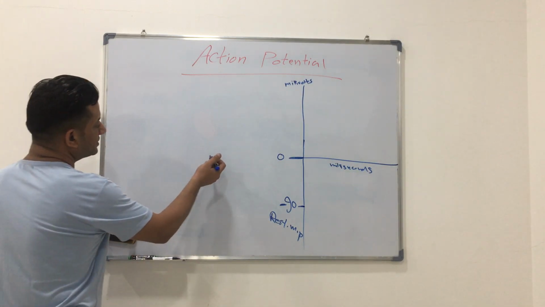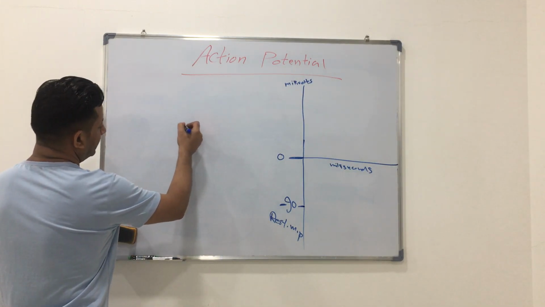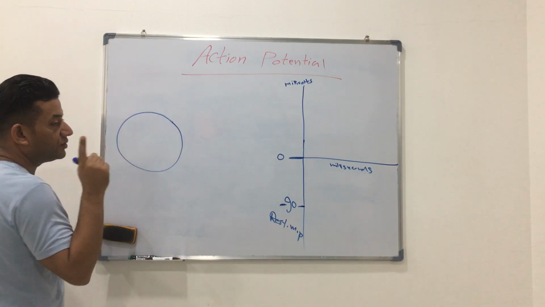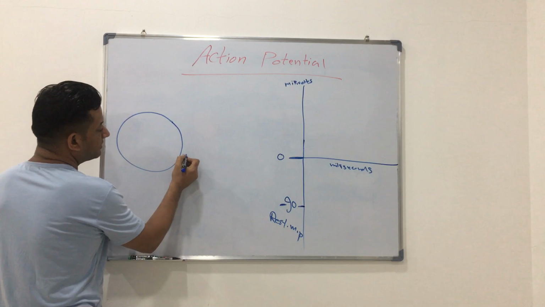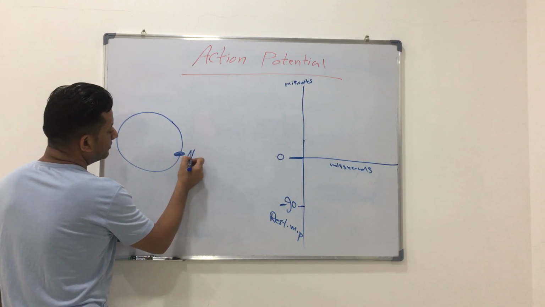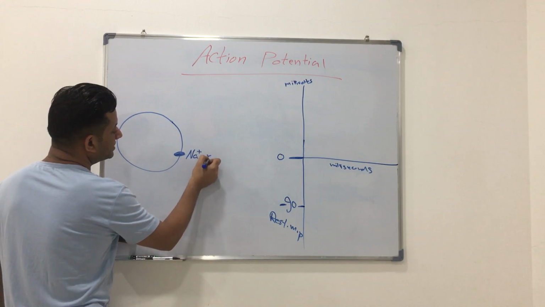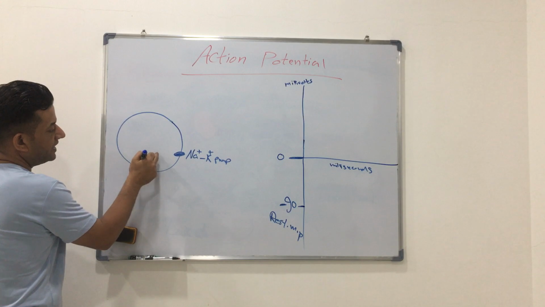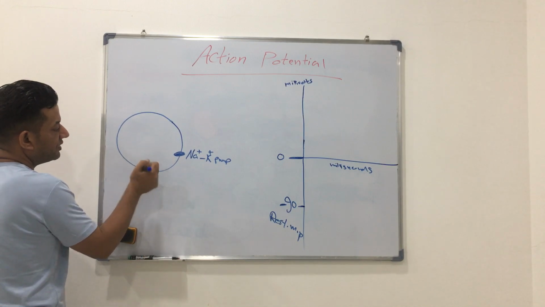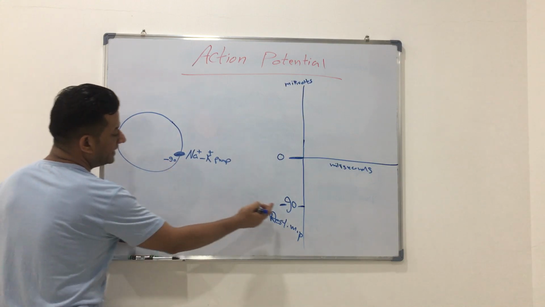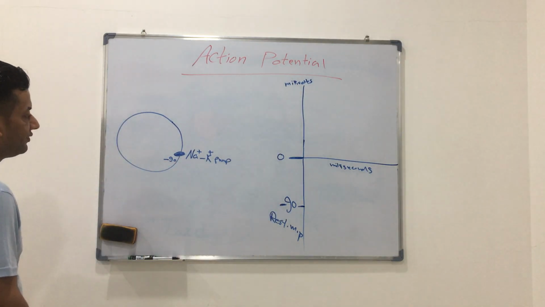So let's suppose together that here is a cell membrane, and we have said that because of the sodium potassium pump, the inside of the cell now is negatively charged, about minus 90 millivolts.